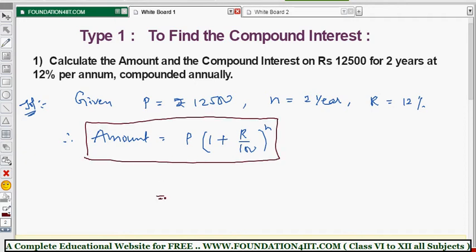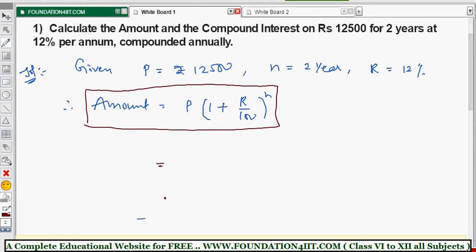Now P into, so P is given, 12,500 into 1 plus R, which is 12 by 100, all to the power N, which is 2. Now we can simplify. Within the bracket, just take the LCM: 1 plus 12 by 100.